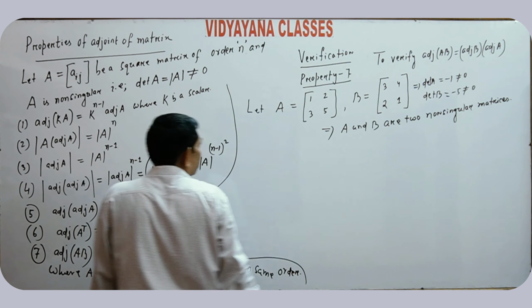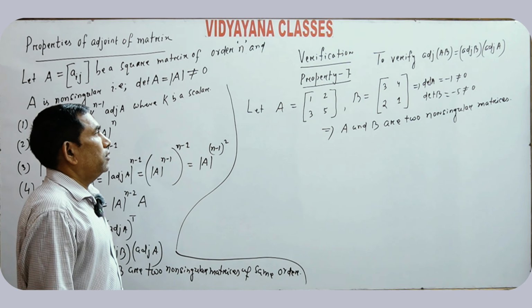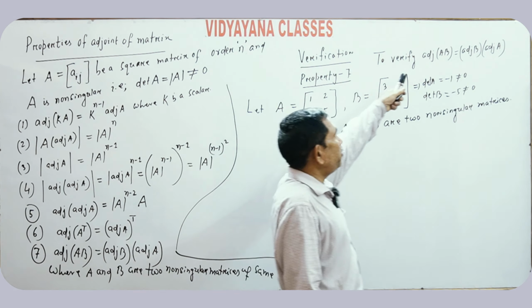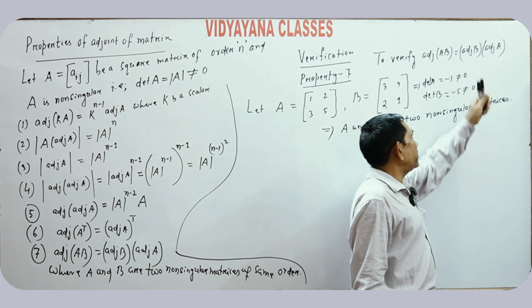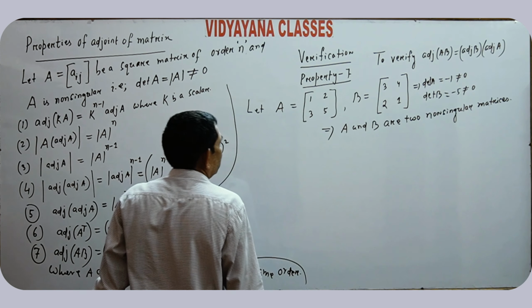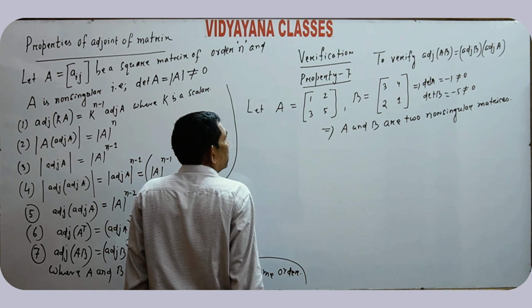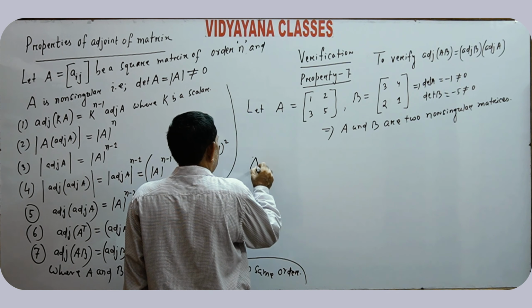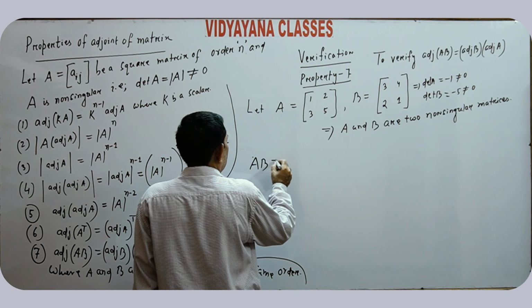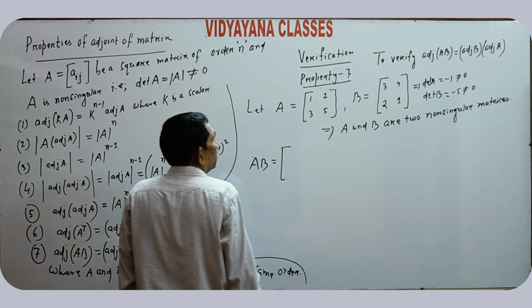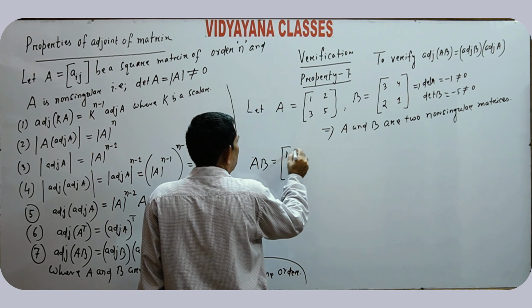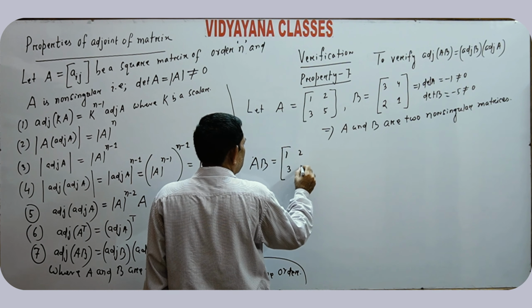Now to show that the adjoint of AB is equal to the adjoint of B into the adjoint of A. First AB. A means 1, 2, 3, 5.